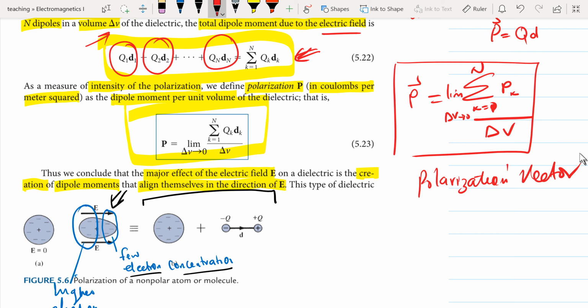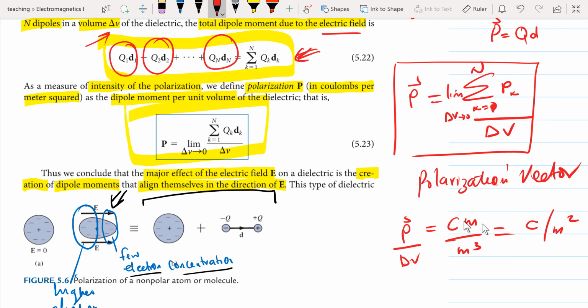And you can always remember very easily that the dipole moment p small is measured in coulomb meters. Therefore, when you divide this by unit volume, which is measured in cubic meters, you can clearly see that this gives you coulombs per meter squared.